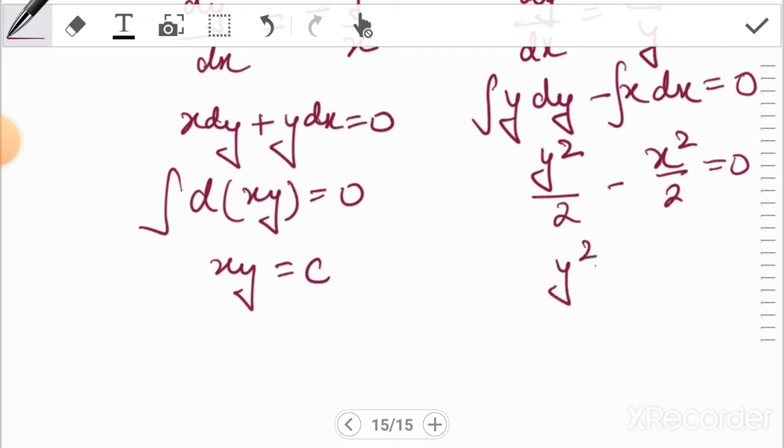So y square minus x square is equal to 2C.